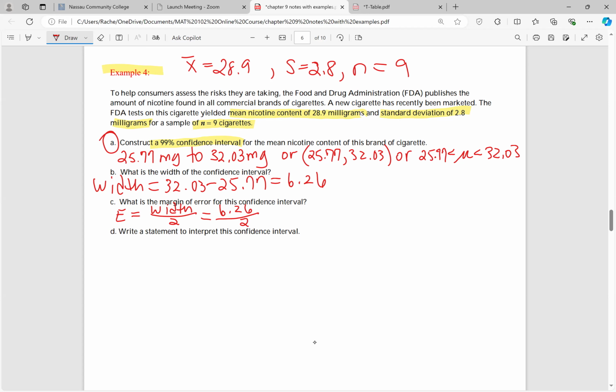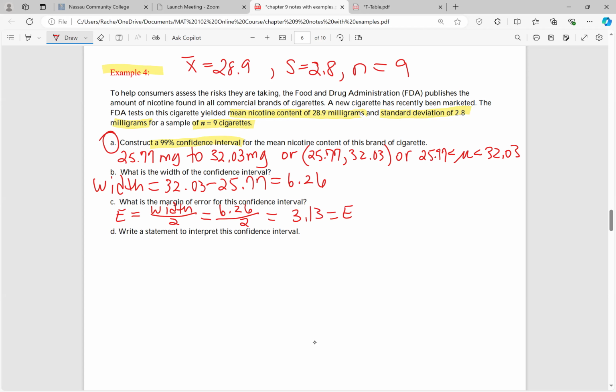We're going to chop it in half. And we get a margin of error of 3.13. So that's the number that was really added and subtracted to X bar, 28.9, to get this confidence interval. So that's our t-value times the standard error, essentially.